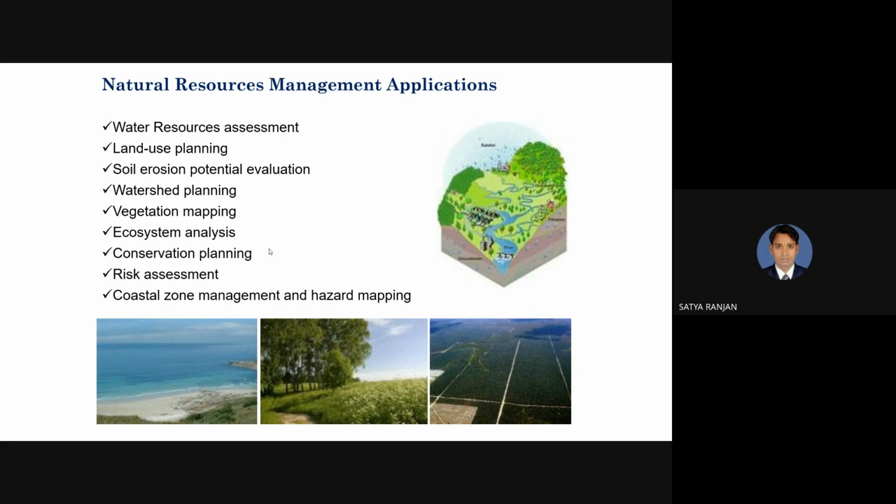Then vegetation mapping, for different crops growing in different districts or different landscapes. So what is the diversity of the vegetation and what different crops are growing. The factor is that these crops grow in different areas based on the soil and the availability of water and groundwater position.